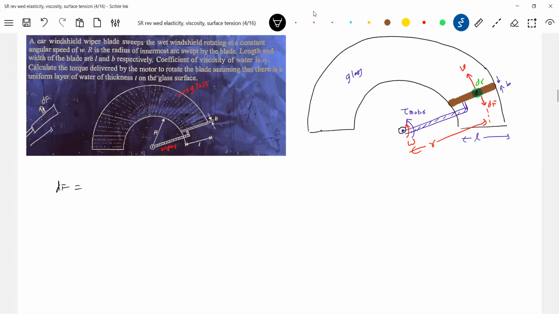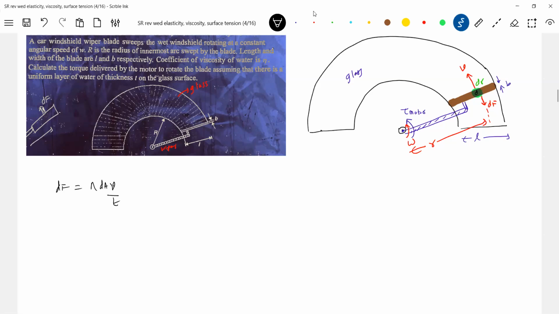Viscous force: dF should be equal to eta dA, velocity V, over thickness T. There is a uniform layer of water of thickness T on the glass surface. So shall I put that T here?